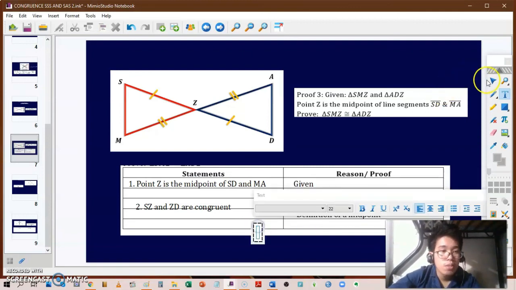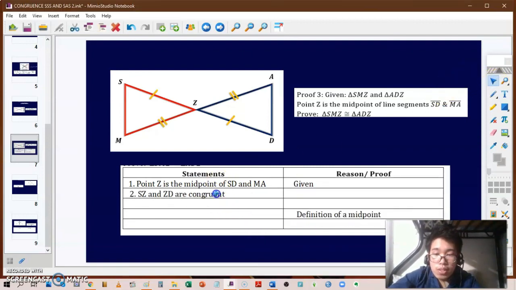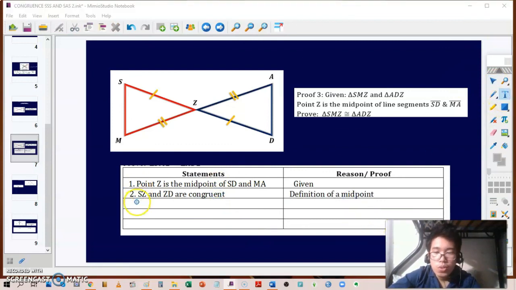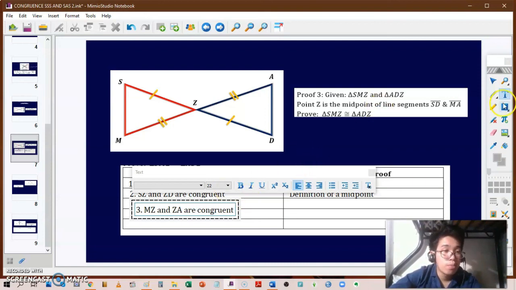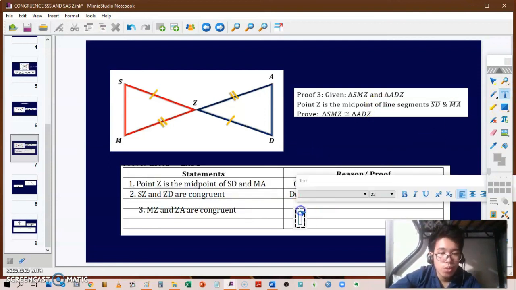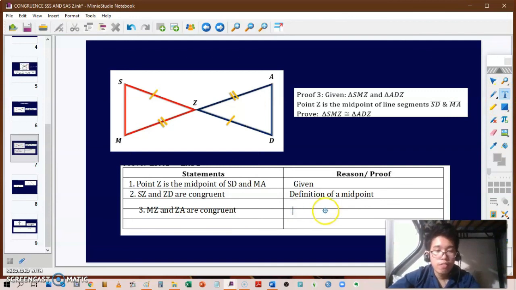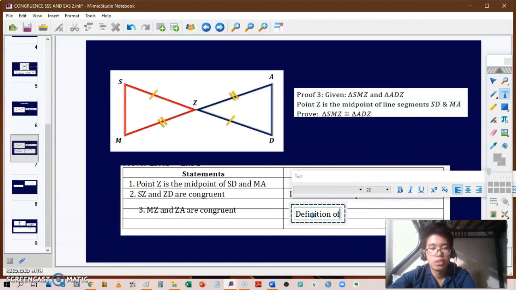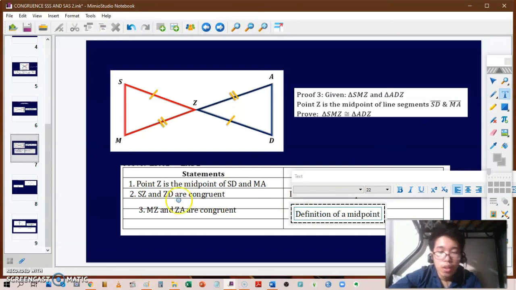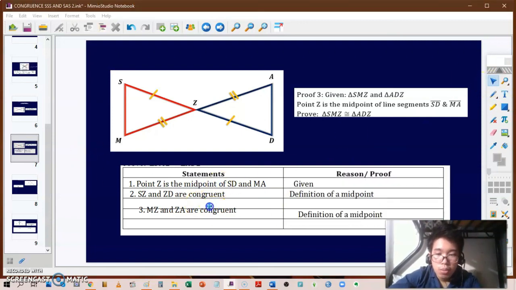Since SZ and ZD are congruent, we can also say that MZ and ZA are congruent, since Z is their midpoint. That's also a definition of a midpoint. So we can clean this up a bit.